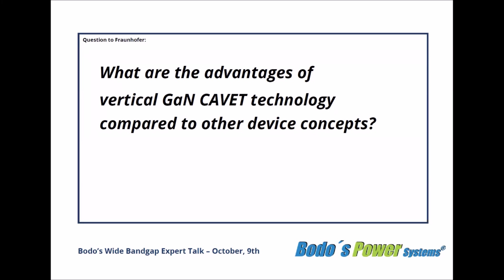What are the advantages of vertical GaN cathode technology compared to other device concepts? Yes, there are different device concepts for vertical GaN transistors, for example, trench MOSFETs or other approaches like FinFETs.